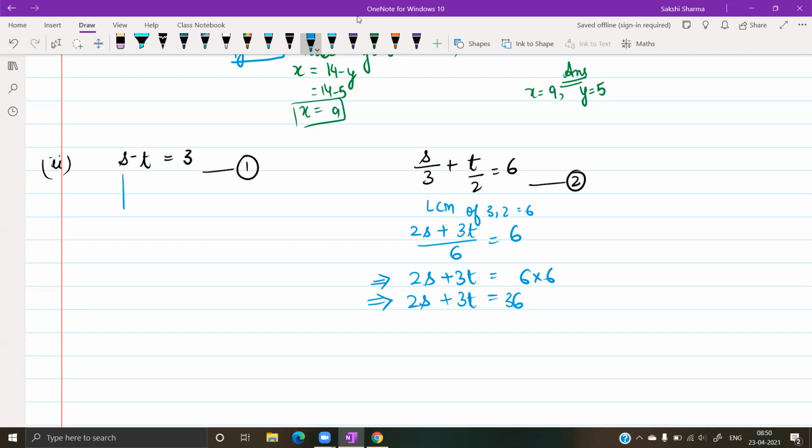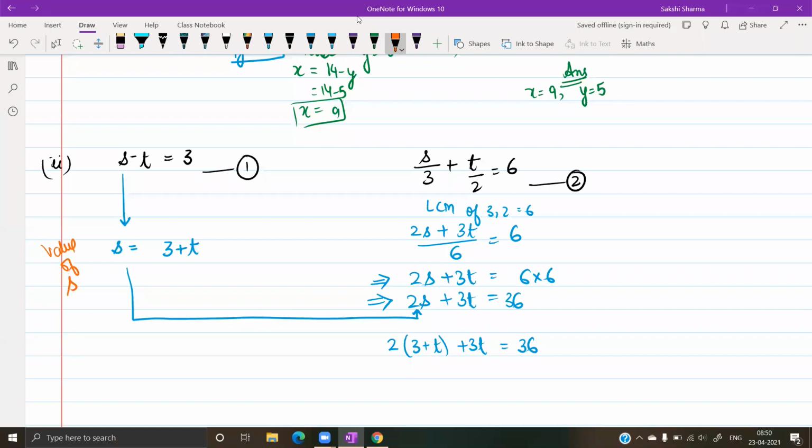I'm going to obtain the value of s from first equation and use it here. Simplify. s equals to 9 and t equals to 6.